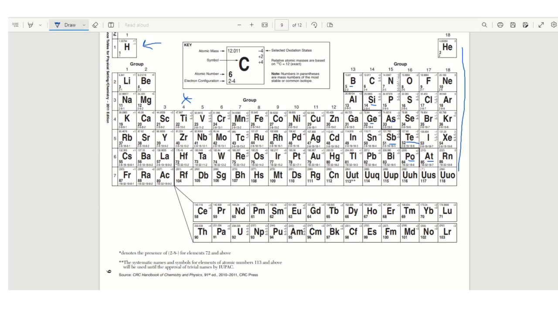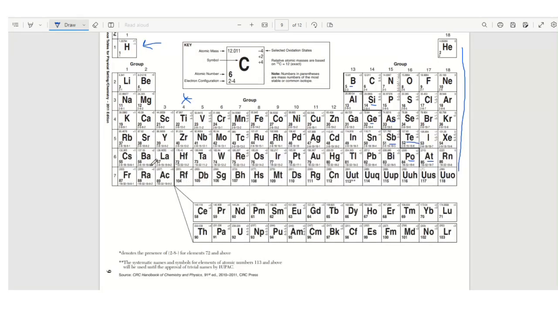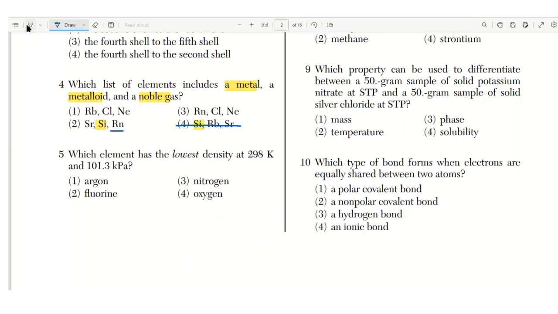Let's go back and see if any of the ones I already selected have one. This one does not have a noble gas, so that's wrong. But look right here, radon. That is a noble gas. So if this is a metal, that's my answer. Strontium, where is it? Right here. It is an alkaline earth metal in group 2. So the correct answer is number 2.